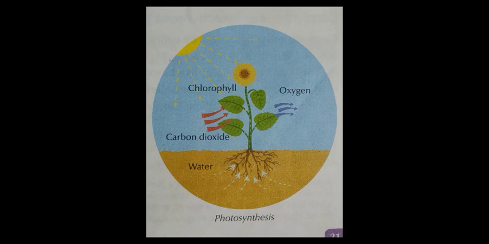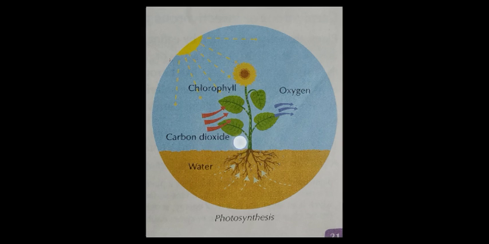The process by which green plants make their food in the presence of chlorophyll, sunlight, carbon dioxide, and water is known as photosynthesis.